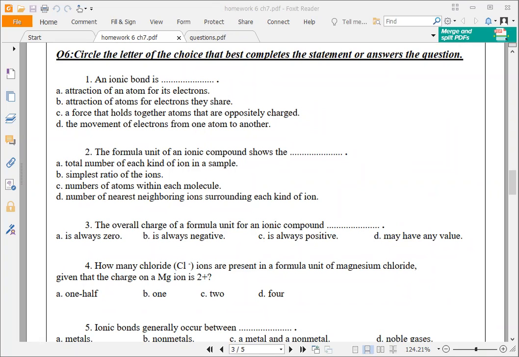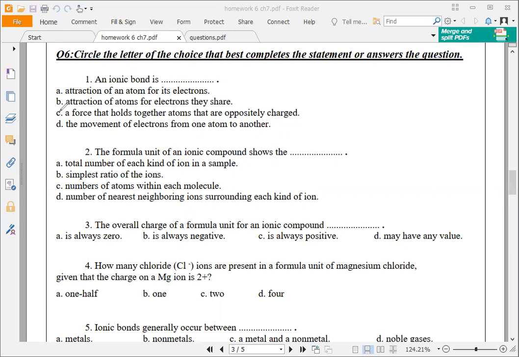Khalid Al-Anizi: Teacher Badran, I would like to answer, please. Okay, read the question, then give the right answer. Question 1: an ionic bond is C, a force that holds together atoms that are oppositely charged.